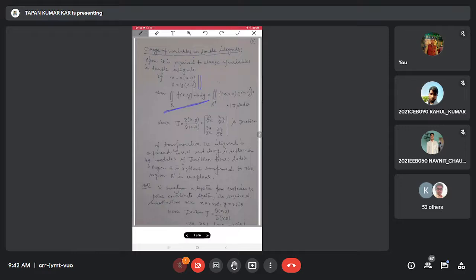What will that be? If x, y varies over this region, then after the substitution, the area will also be changed for the new variable. As you know, if you substitute x equal to sine theta, the area will also be changed for the new variable.